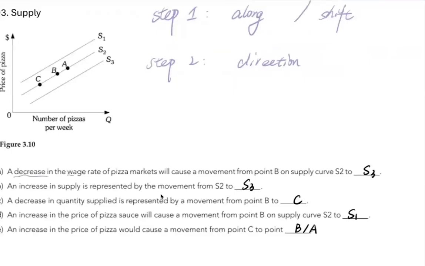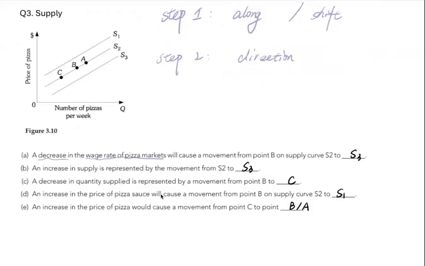The decrease in the wage rate of the pizza market, which means that the input of pizza, now this is supply. Assume you are a producer making pizza, okay? And the wage rate of the pizza market decreases, which means your input cost decreases.